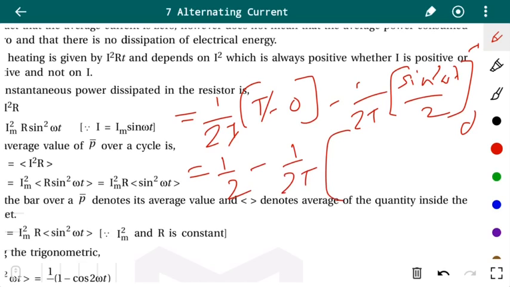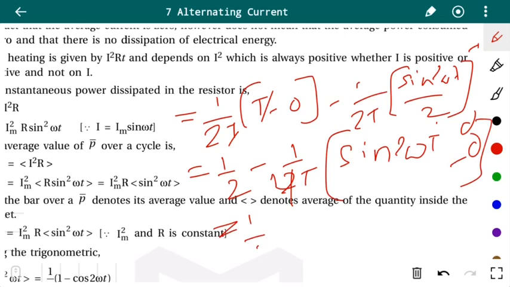Now putting small t as capital T, and taking this 2 outside, it becomes 4, and here sin 2 omega capital T minus sin 0, that becomes 0.